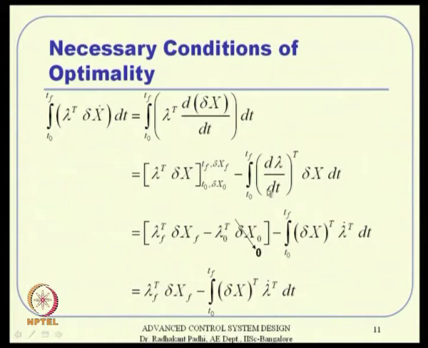Remember we have exchanged this term to that, and this is primarily because whenever you have two vectors of the same dimension, one a row and one a column, so that the product is a scalar, the multiplication is interchangeable.